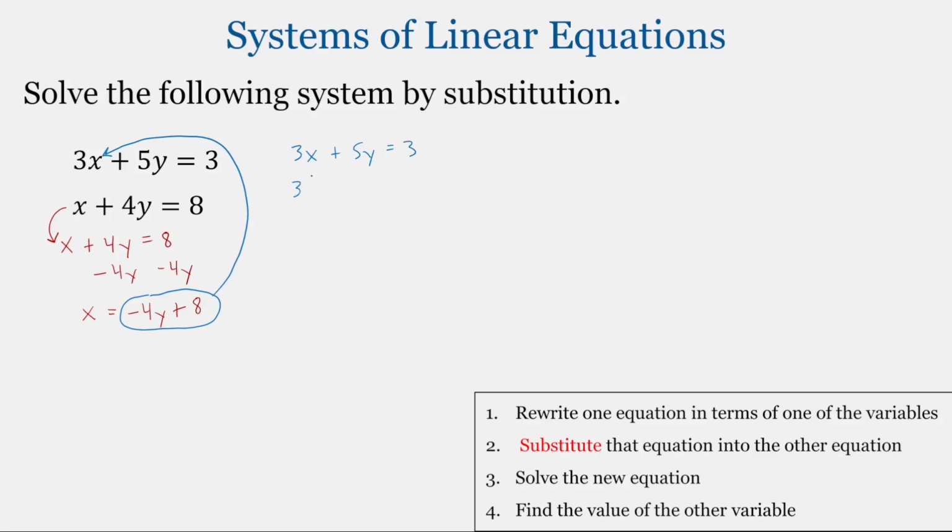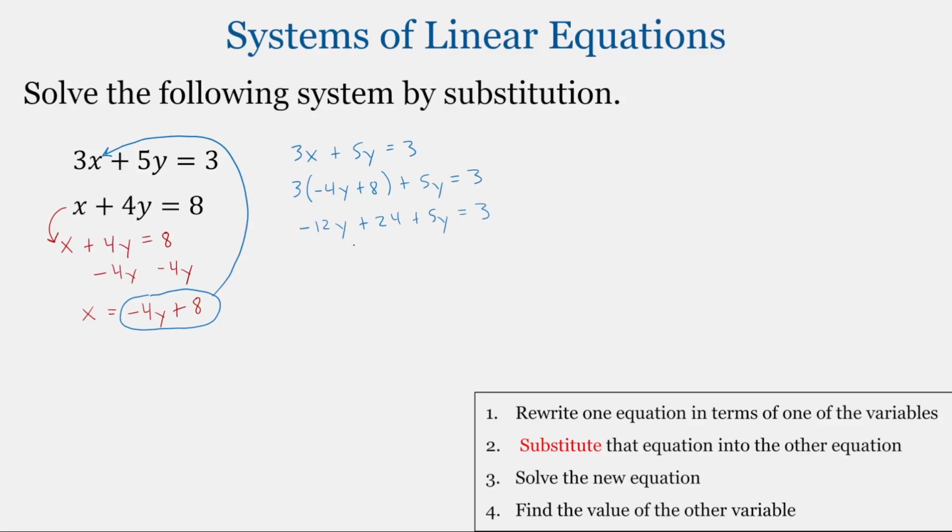So now we have 3 times the quantity negative 4y plus 8, plus 5y equal to 3. Using that distributive property, we get negative 12y plus 24 plus 5y equal to 3.